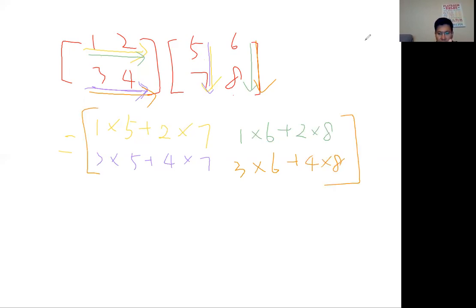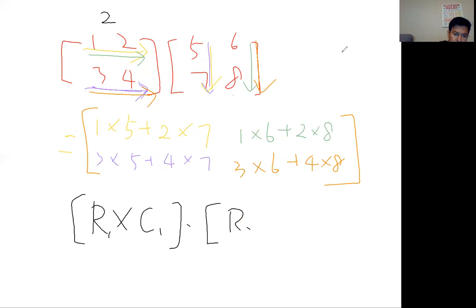Because of that, the number of columns and number of rows are very important to figure out whether it is multipliable or not. Usually we put the number of rows first, rows times columns. So let's say this is row 1 and column 1, times row 2 and column 2.